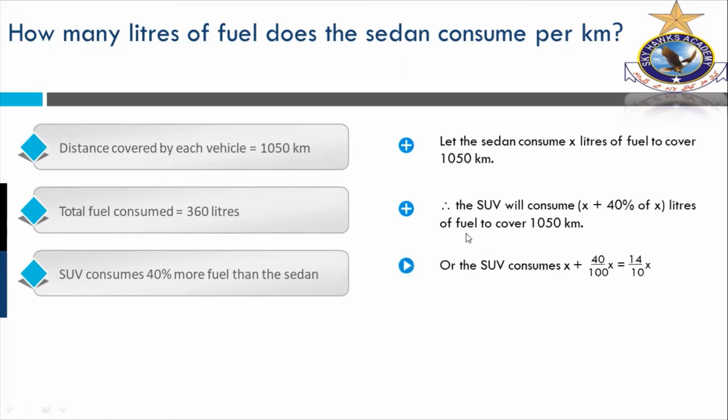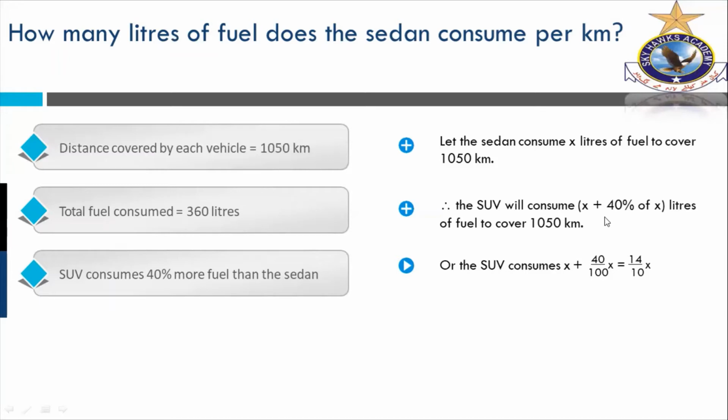The next one is: the SUV consumes x plus 40 over 100 x, which equals 14 over 10 x. This is the simplest form.